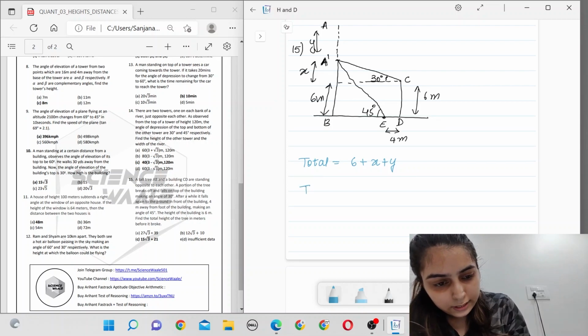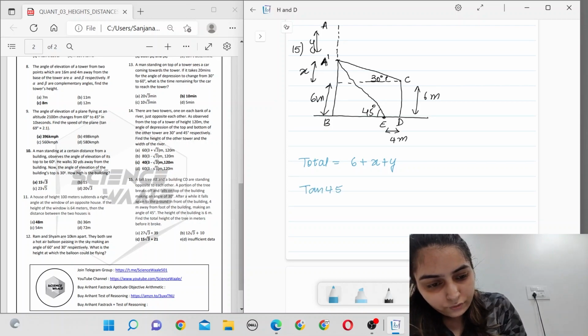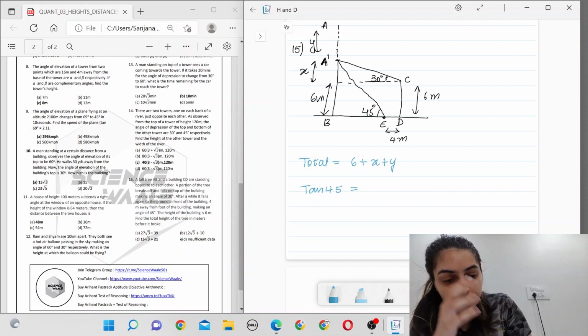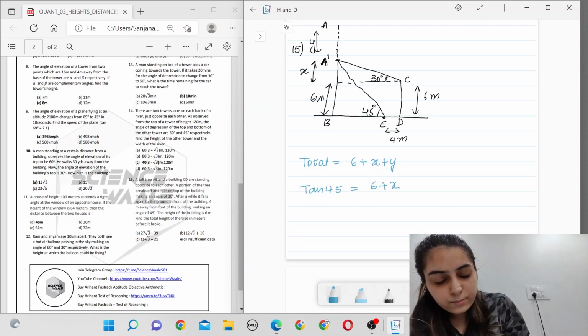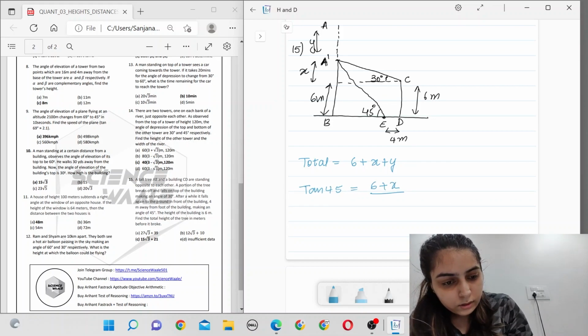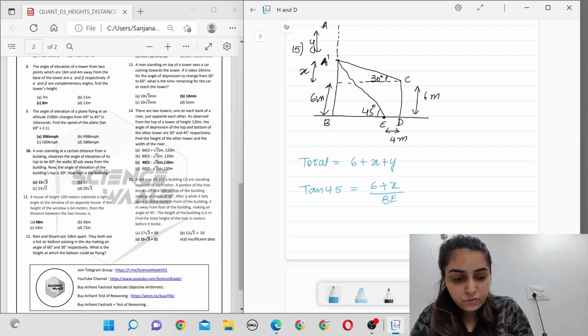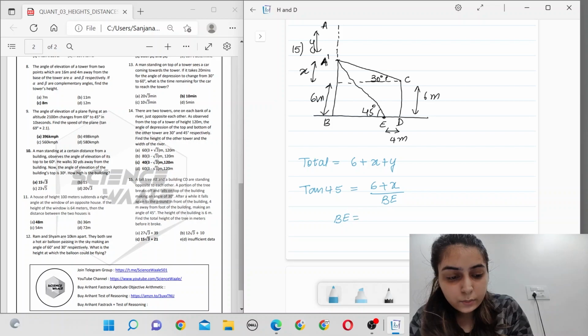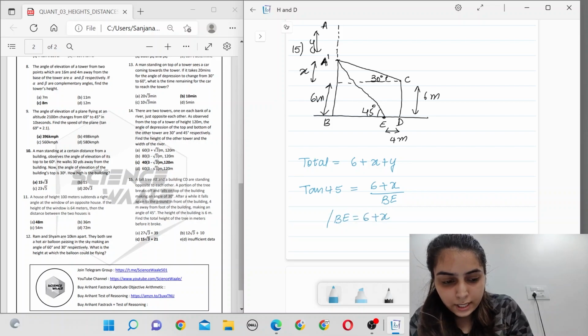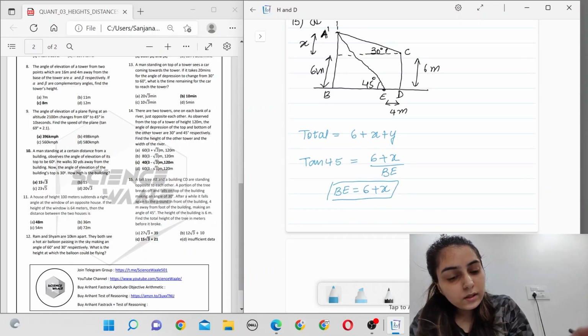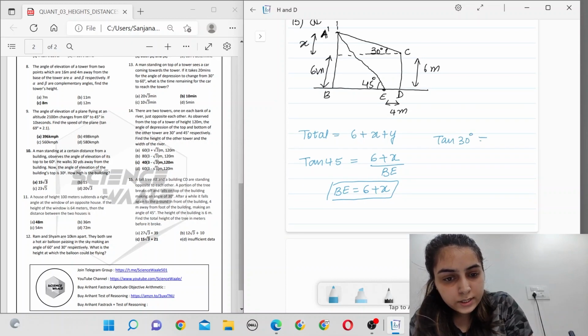So tan 45 is equals to 6 plus X by BE. Tan 45 is 1, so BE is equal to 6 plus X. Now tan 30 is equal to X by BE plus 4.